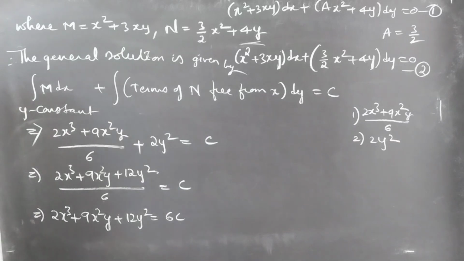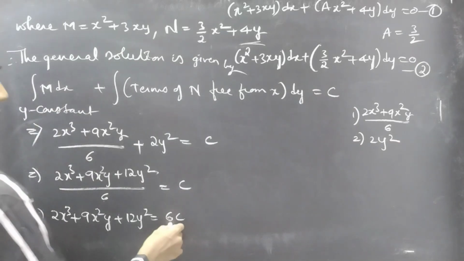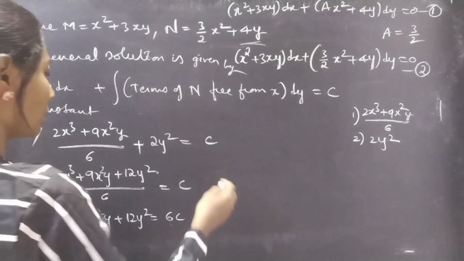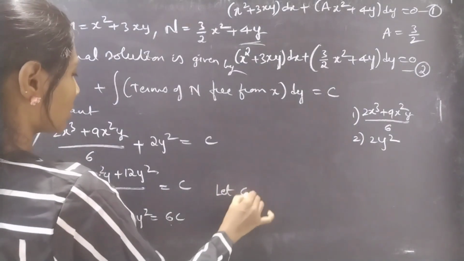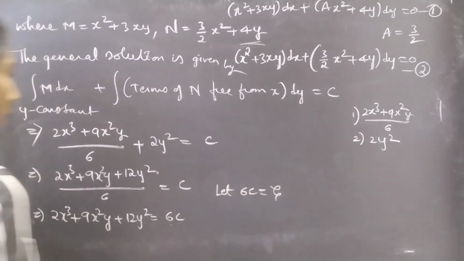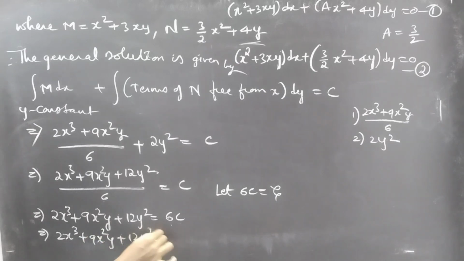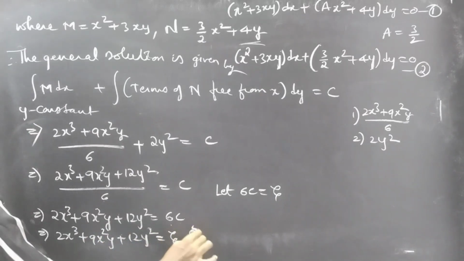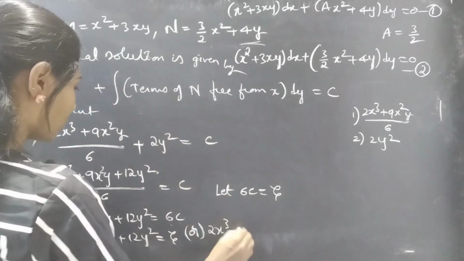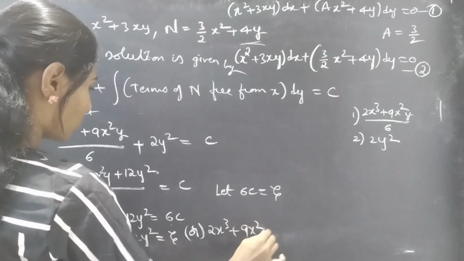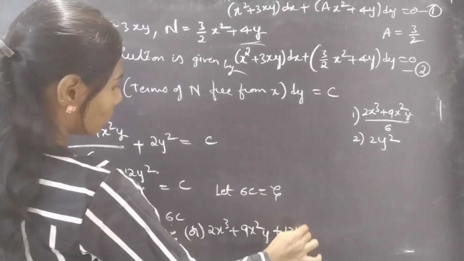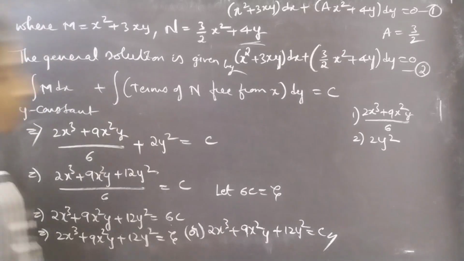Since c is an arbitrary constant and 6 is a constant, you can write 6c as some constant c. Then you'll get 2x cubed plus 9x square y plus 12y square equal to c.